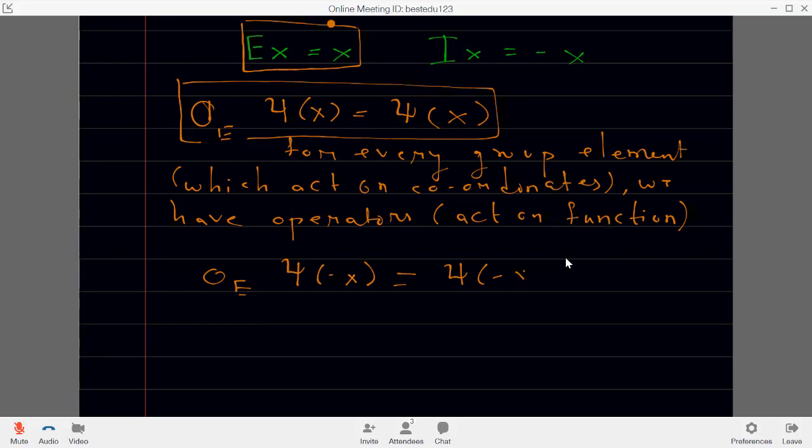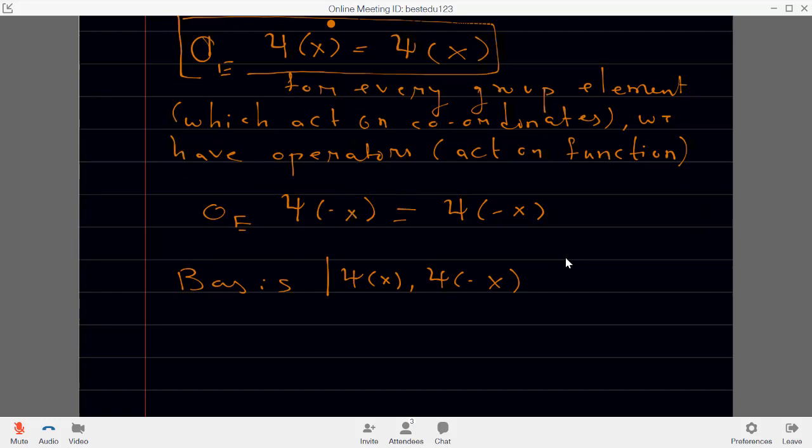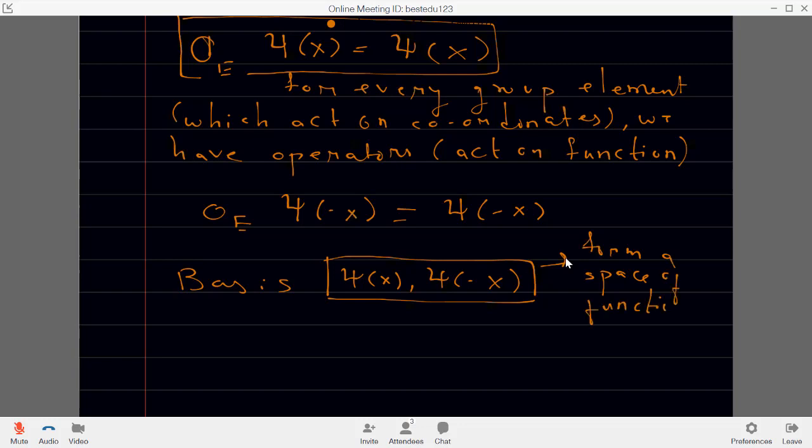I'm saying that here, psi of x and psi of minus x are bases. I'm claiming that these two elements are bases, and using the linear combination of these, you can form a space of functions. Okay, a space can be anything. It can be a space of vectors, it can be a space of functions, doesn't matter.